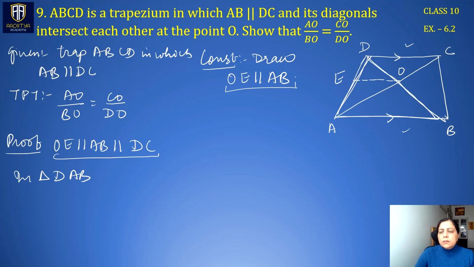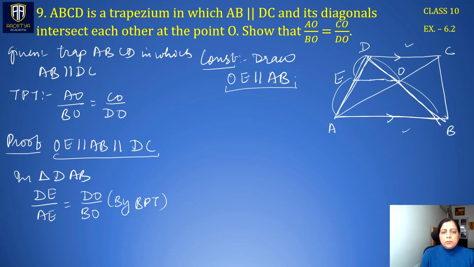Since OE is parallel to AB, we can write DE upon AE is DO upon BO, by BPT, the basic proportionality theorem, and it is given that OE is parallel to AB by construction. Right? Let this be the first equation.